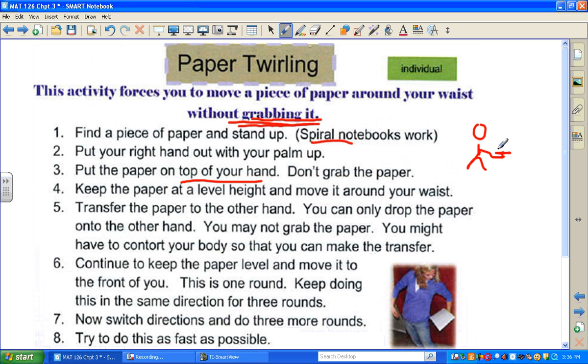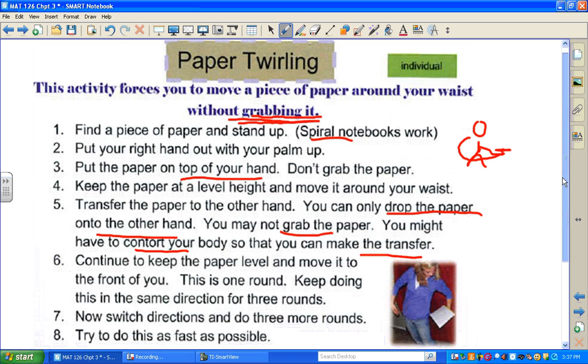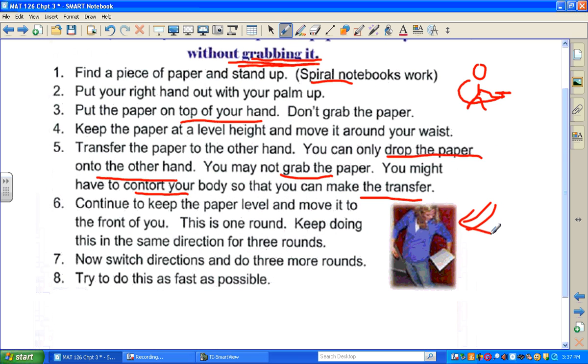Keep the paper at a level height and move it around your waist, going backwards or forwards. And transfer the paper to the other hand. You can only drop the paper onto the other hand. You may not grab the paper. You might have to contort your body so you can make the transfer, as is being shown in this picture.